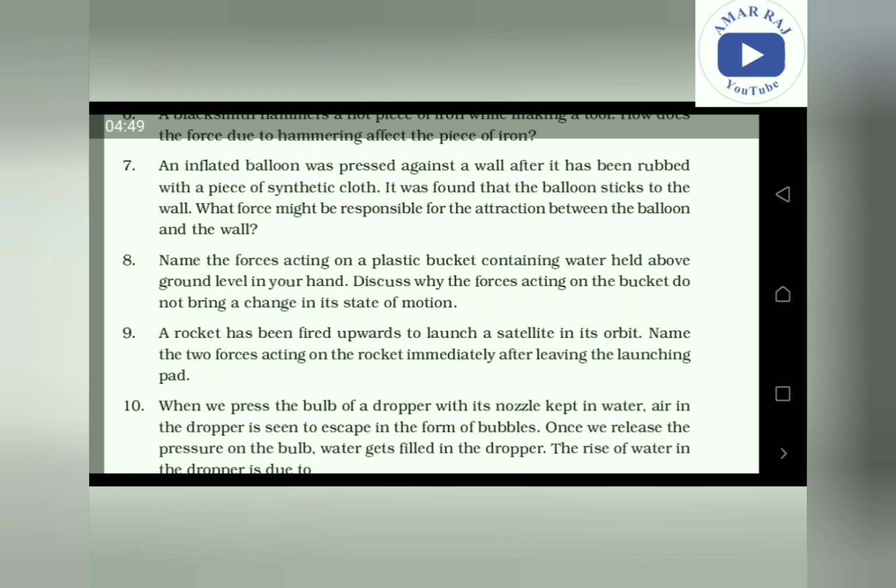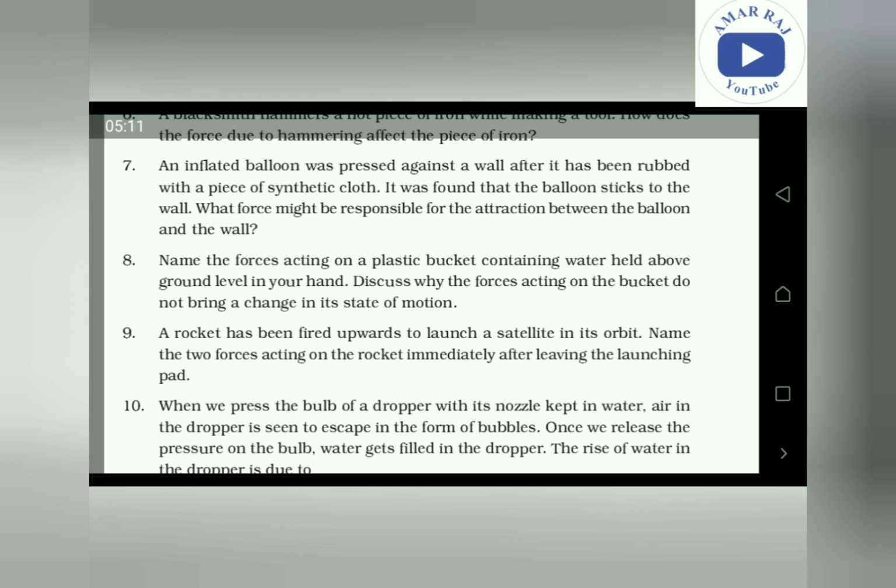There may be a third force also, and you have to write any two of the forces. You only have to write two. Third force may be the air resistance, the friction due to air. So any two you can write here in question number 9.